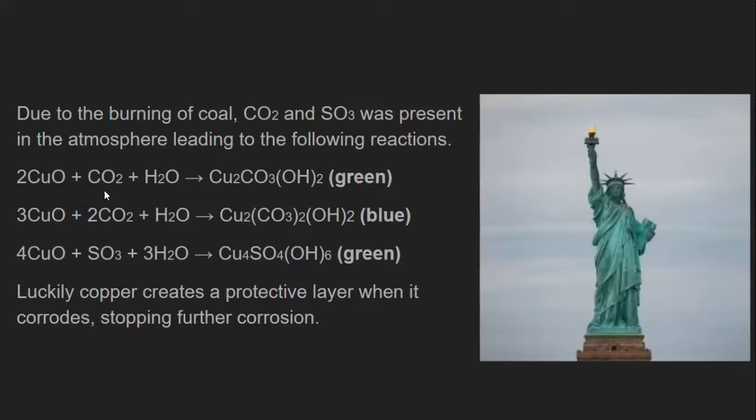With copper reacting with CO2 and water and SO3, it created these following compounds. And it's these compounds that had the color green, blue, and green, leading to this bluish-green color of the Statue of Liberty. Luckily, copper creates a protective layer when it corrodes, which stops the Statue of Liberty from further corroding.